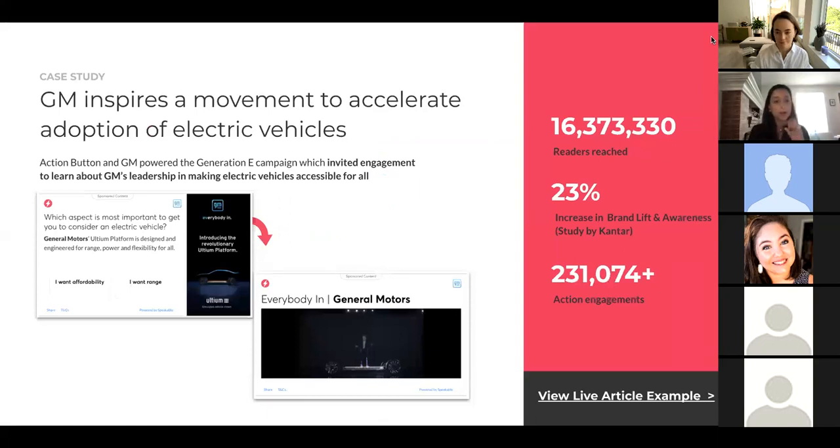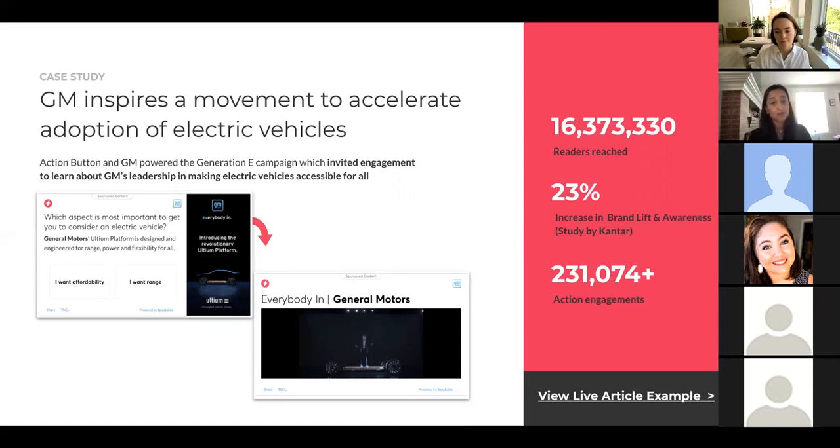I was going to talk about a couple of quick examples so you can see how we've worked with other customers on ActionButton campaigns, and so you can get a sense of the different creatives that we can build. This one is for General Motors, a campaign that we ran on their behalf for the last few months.